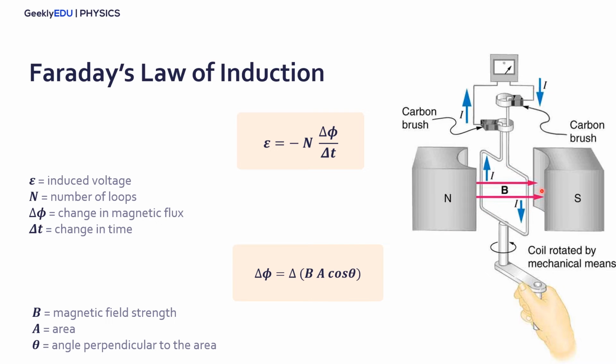Because you're rotating this coil, this area is constantly changing, and the magnetic field strength that passes through the coil is also changing. This change produces a change in the magnetic flux, and this induces an electric field. We have an induced voltage. This is the principle of electric generators.